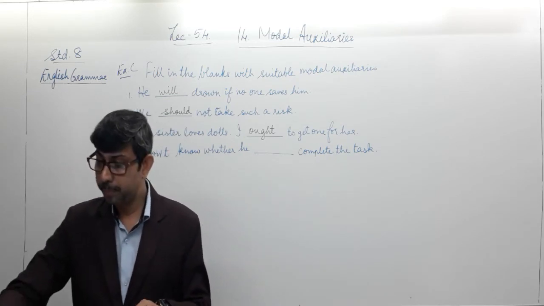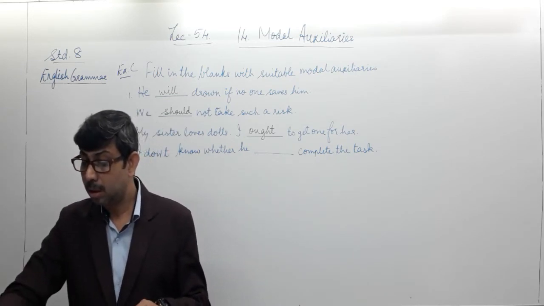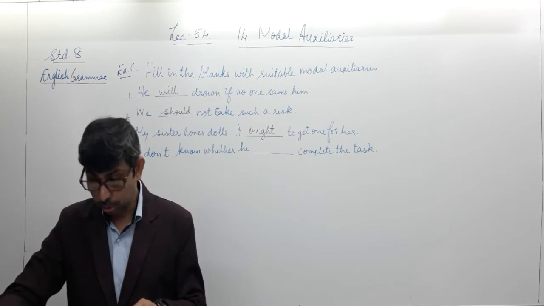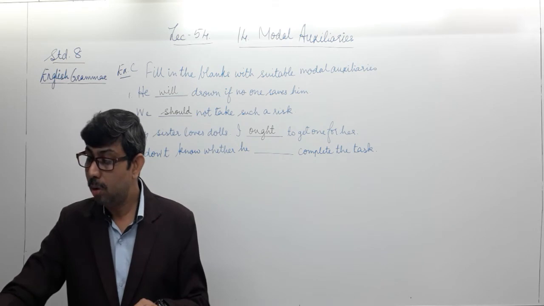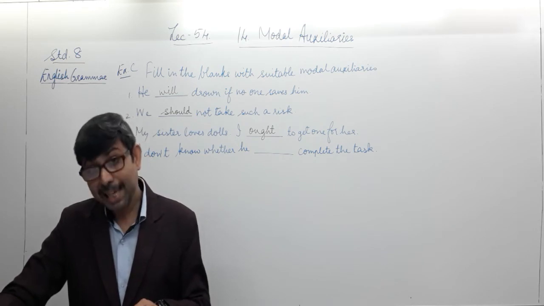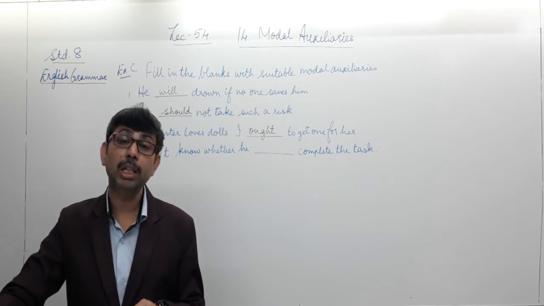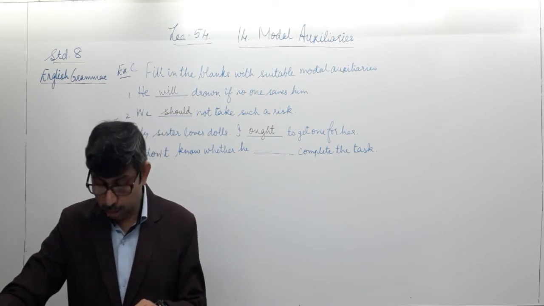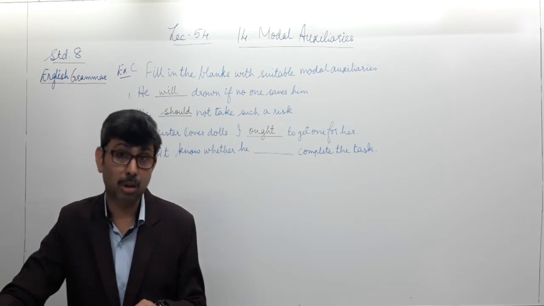I don't know whether the person will complete the task or not. So I don't know whether he can complete the task. So trying to show the ability of someone. Uncertainty, but with regards to the ability of someone. I don't know whether he can complete or cannot complete.